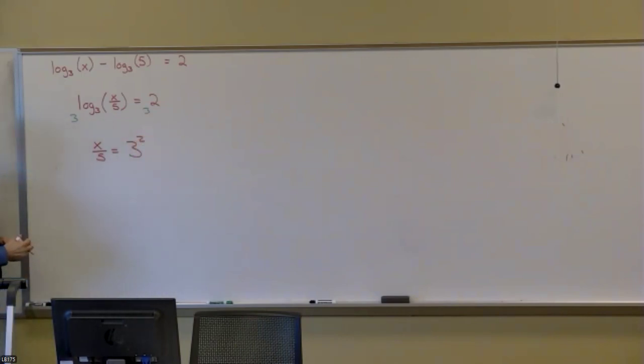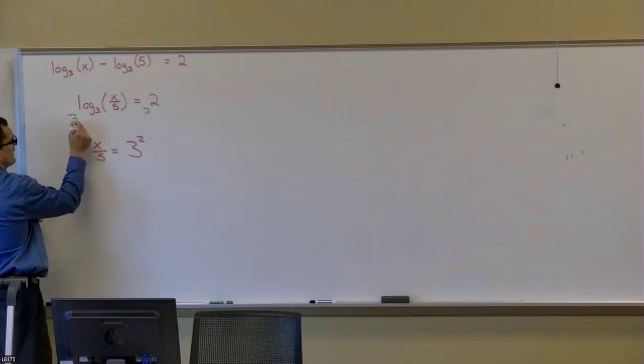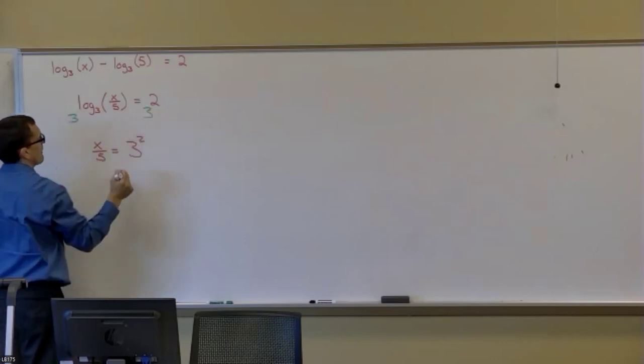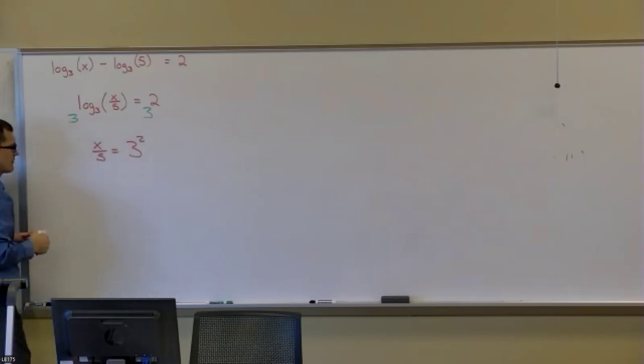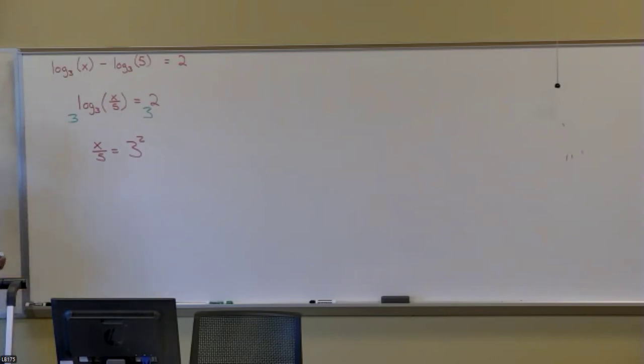X over 5 would be 3 raised to the second power, or 3 squared, however you like to say that. So whether you like to think of it as taking 3 as your base raised to both of these exponents, or as rewriting, either way is fine with me.